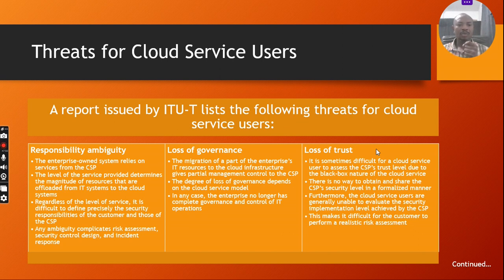Then the level of service provided determines the magnitude of resources that are offloaded from the IT system to the cloud system. So if you upload a lot of things to the cloud, then your service might be slow, okay, based on your limited bandwidth or your given bandwidth that is dedicated to you as an enterprise.